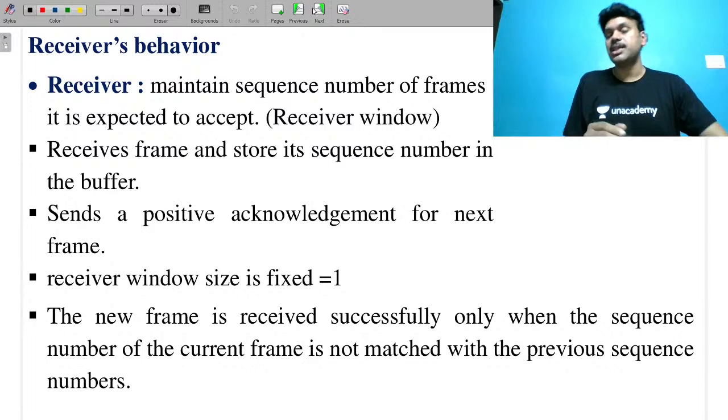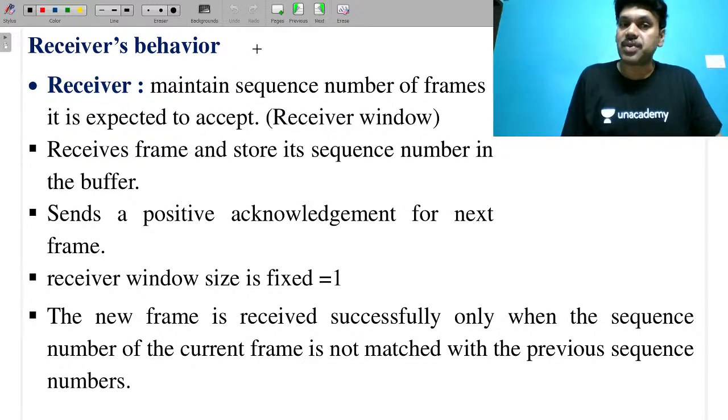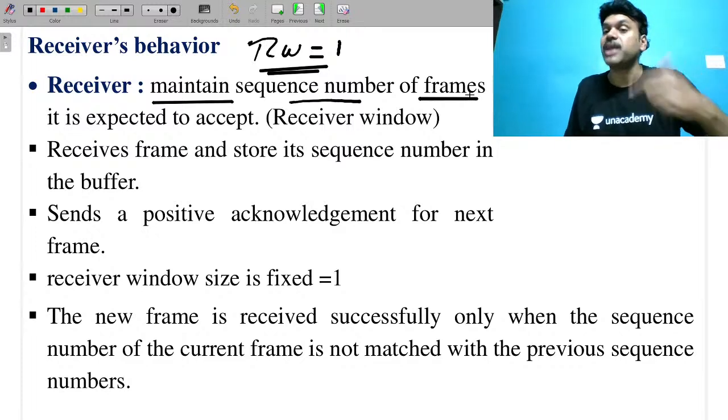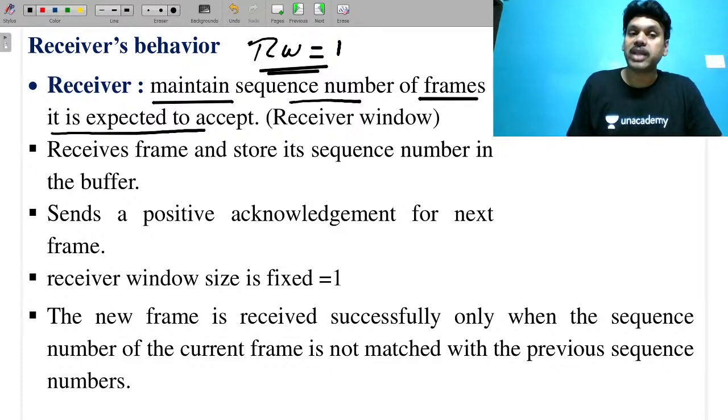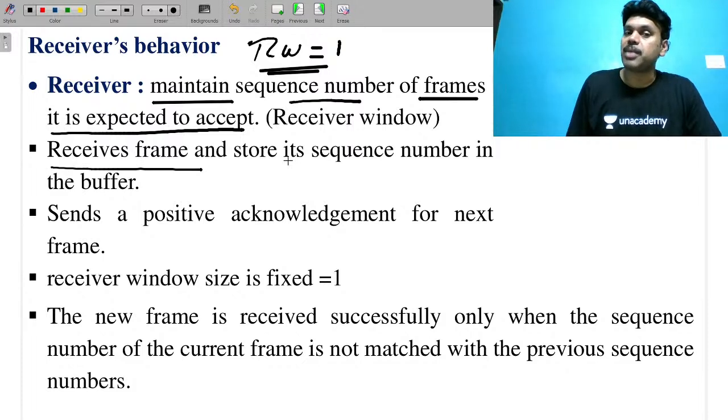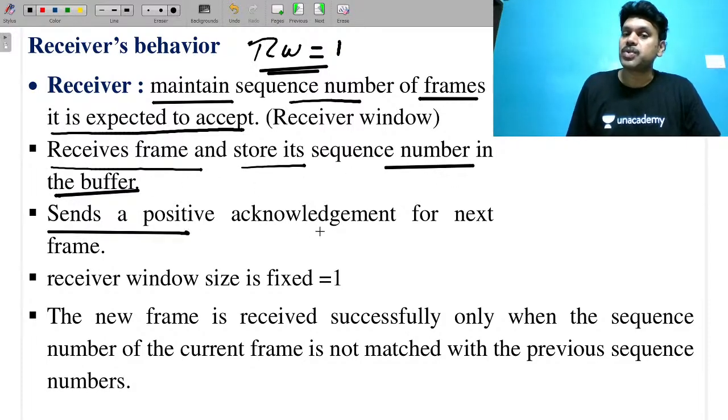Now let us see the receiver behavior. The receiver window size is always 1. It can receive only 1 frame at a time. So the receiver maintains the sequence number of the frame next expected to accept. It receives a frame, stores its sequence number in the buffer, and sends a positive acknowledgement for the next expected frame.